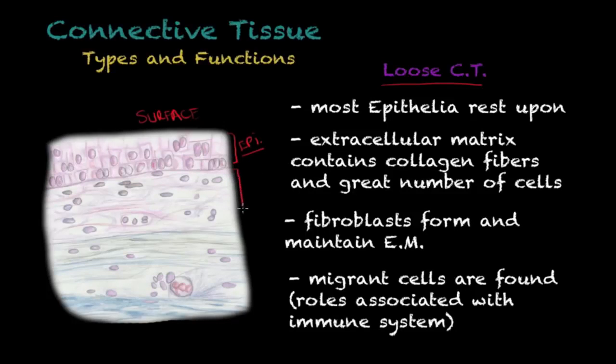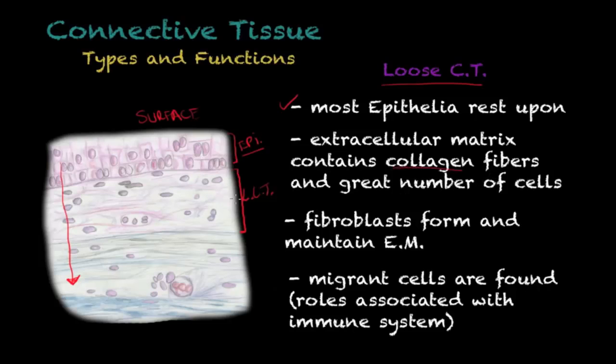The layer right after, moving inwards towards the inside of the organ, the first layer that I'm going to find right after epithelium is loose connective tissue, which we are going to discuss briefly here. As I mentioned already, the first thing is that loose connective tissue is where most epithelia rest upon. The second thing that you need to know is that the extracellular matrix, which is the material surrounding the cells in the loose connective tissue, contains collagen fibers.